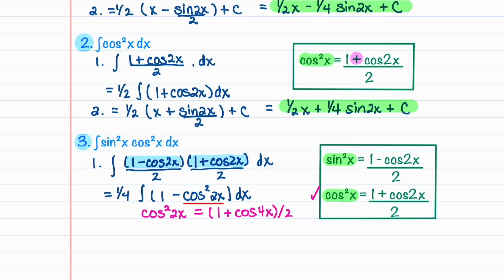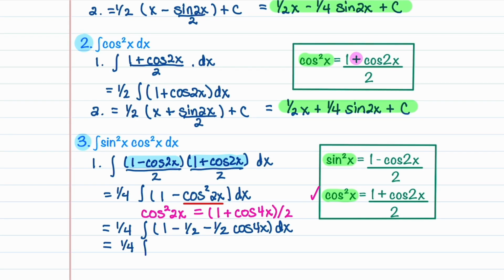Let's put this in and see what we get. We have 1/4, the integral, and now we have 1 minus 1/2, I'm just distributing that through, minus 1/2 cosine 4x dx. It's really helpful to simplify as much as you can before you integrate. This gives us 1/4, and then we have 1 minus 1/2, so this is 1/2 minus 1/2 cosine 4x dx.